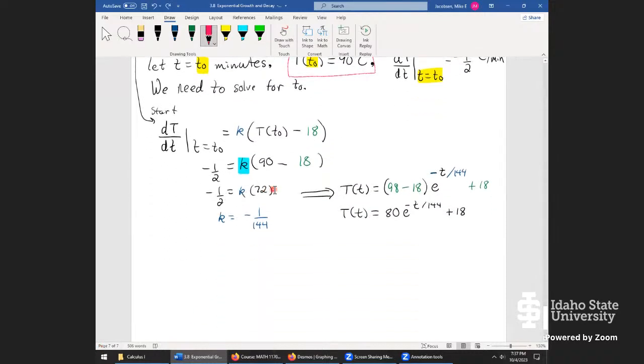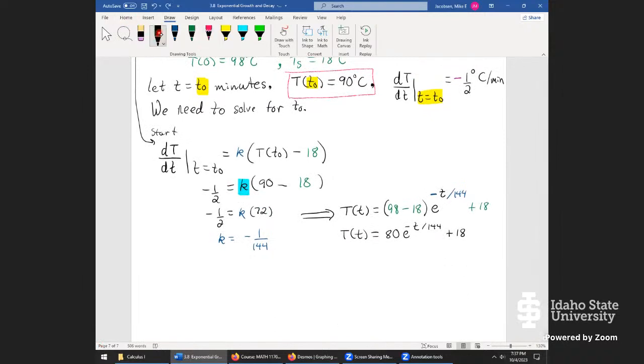So here are the last steps of this solution. I'll put here, finally, just to organize the steps we're taking on this work. If temperature at time T naught is 90 degrees Celsius, then right where we see temperature at time T, we'll just replace that T with the T naught.